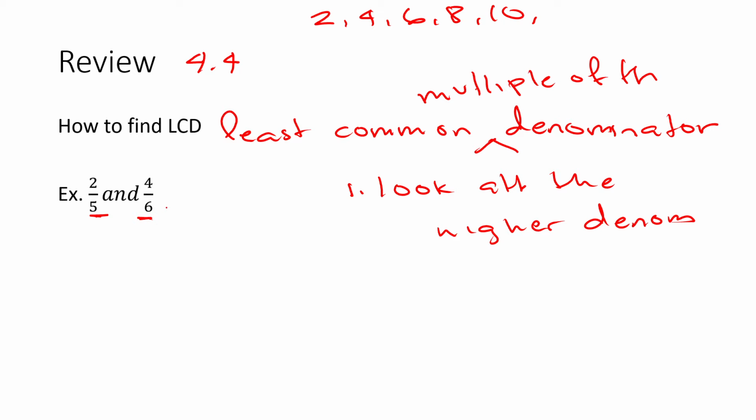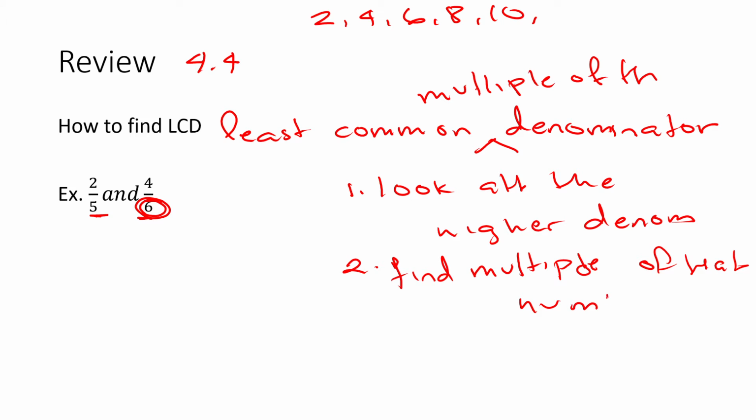It's going to be 6, right? So now our second step is to find multiples of that number. Sorry for my horrible handwriting. So we're going to find the multiples of 6.